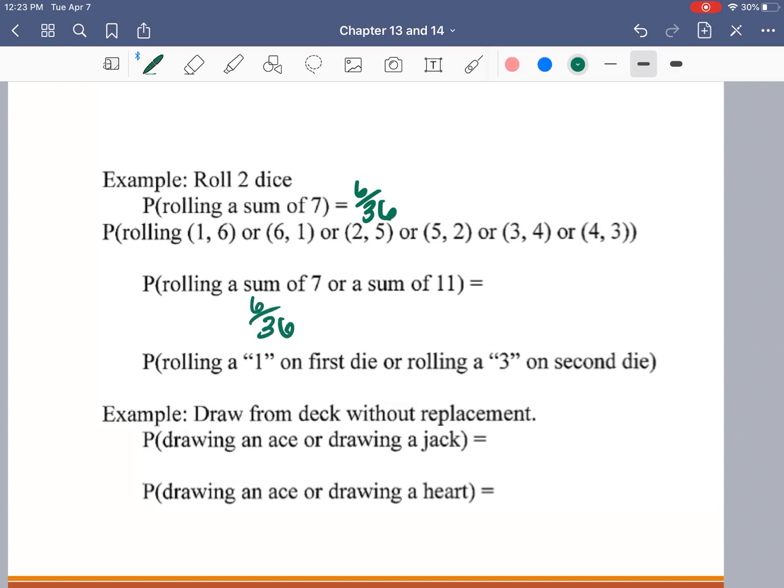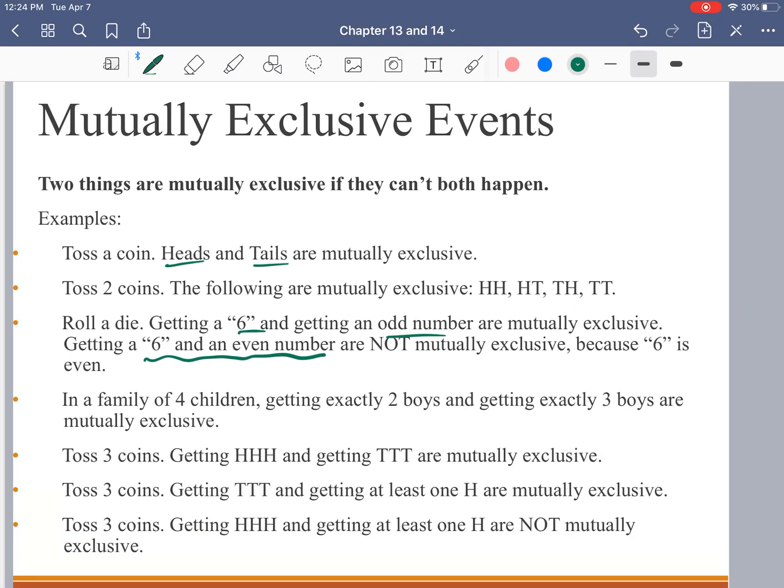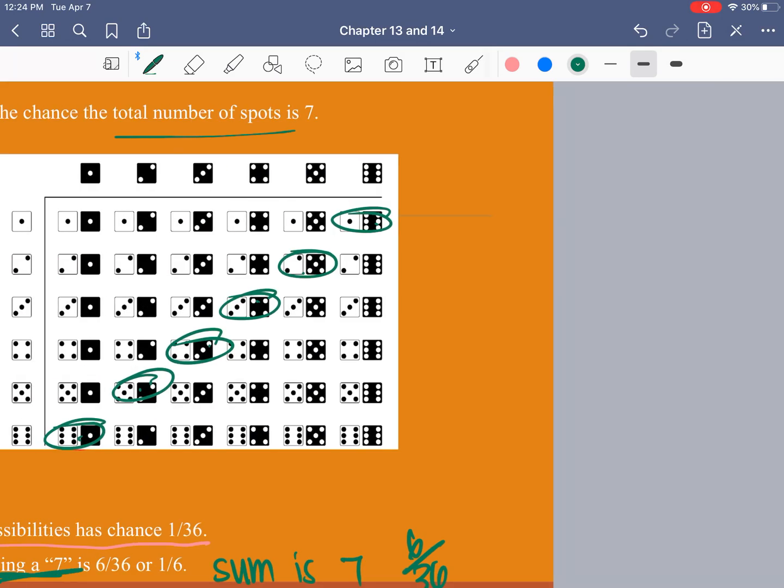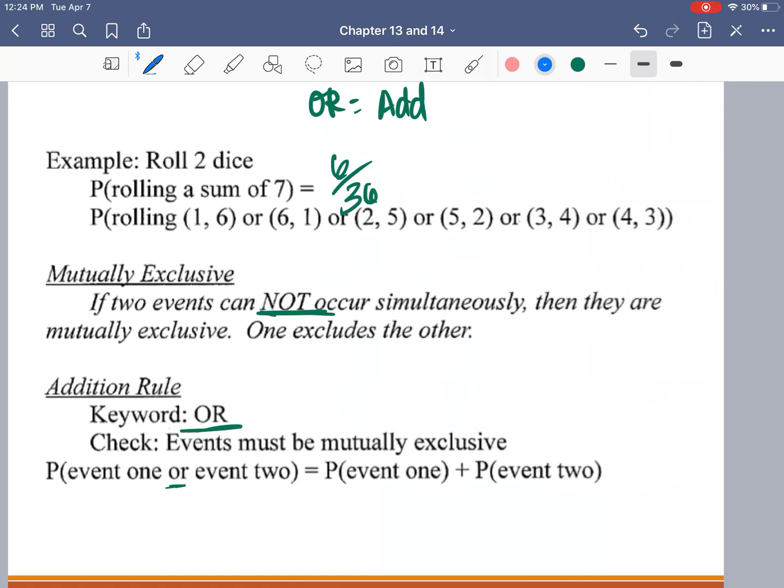Now I want to know rolling a sum of 7 or rolling a sum of 11. So let's go back a couple slides and look at our die options. Okay, we have the 7 is 6 out of 36, or you can simplify that to 1/6 if you want. A sum of 11 only happens 2 different ways, 5 and 6, 6 and 5.